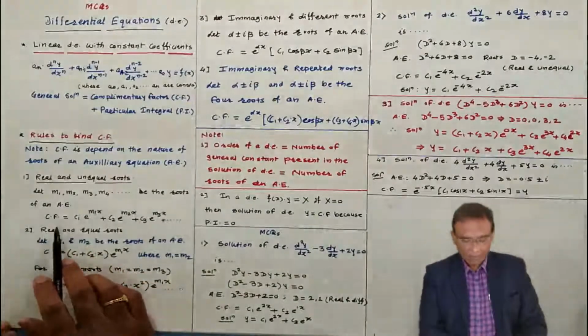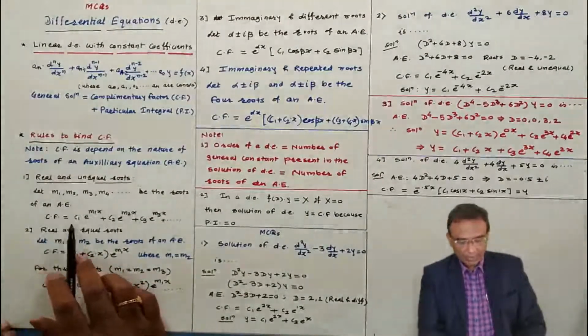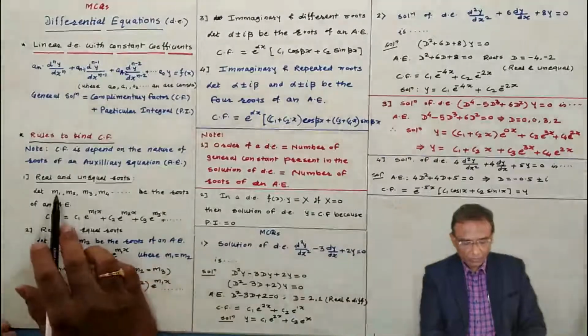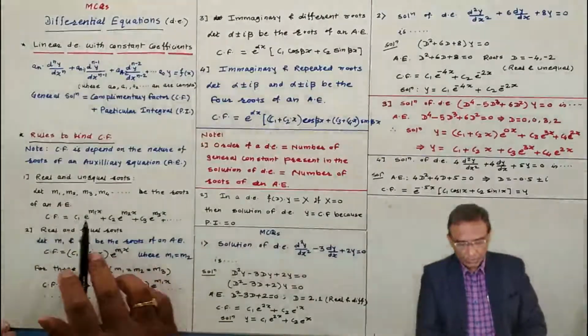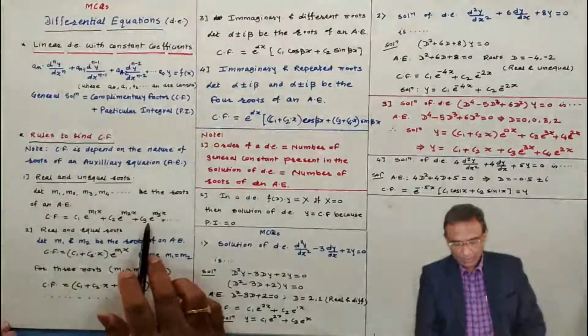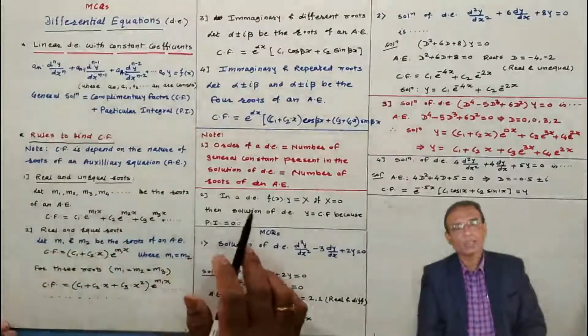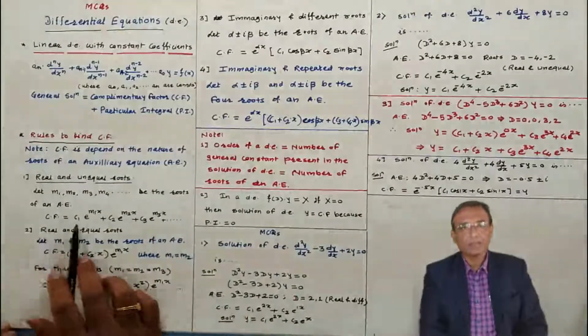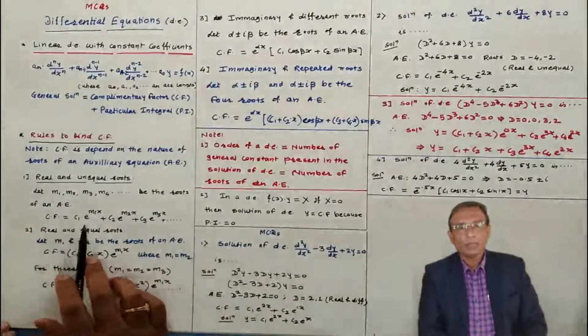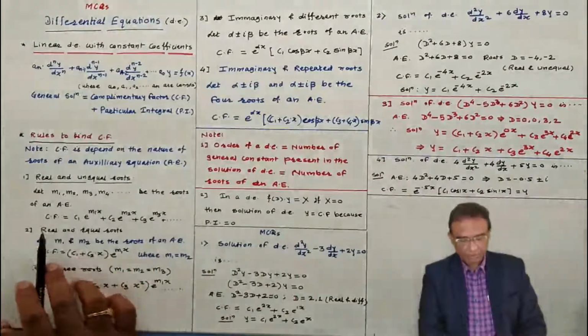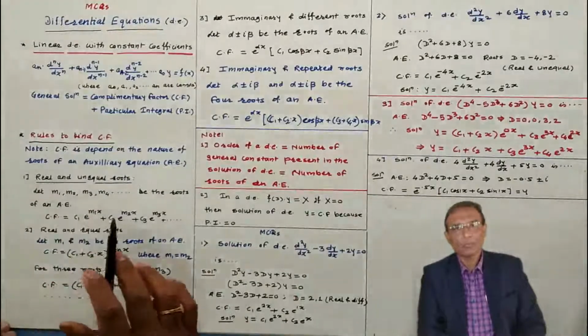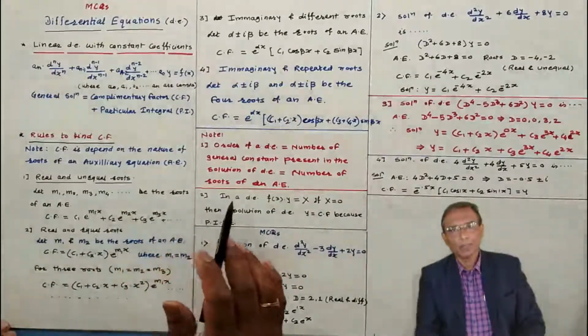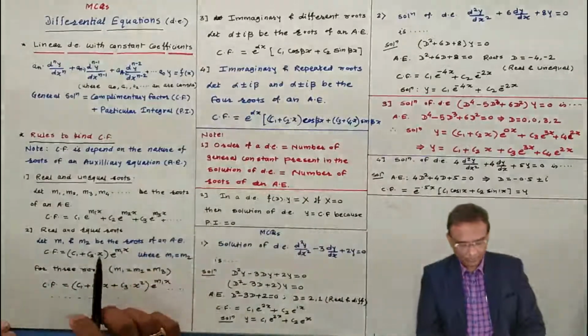Then the complementary function will be c1 e to the power m1x plus c2 e to the power m2x plus c3 e to the power m3x and so on. This is the complementary function for real and different roots, where all of m1, m2, m3, m4 and so on are different.